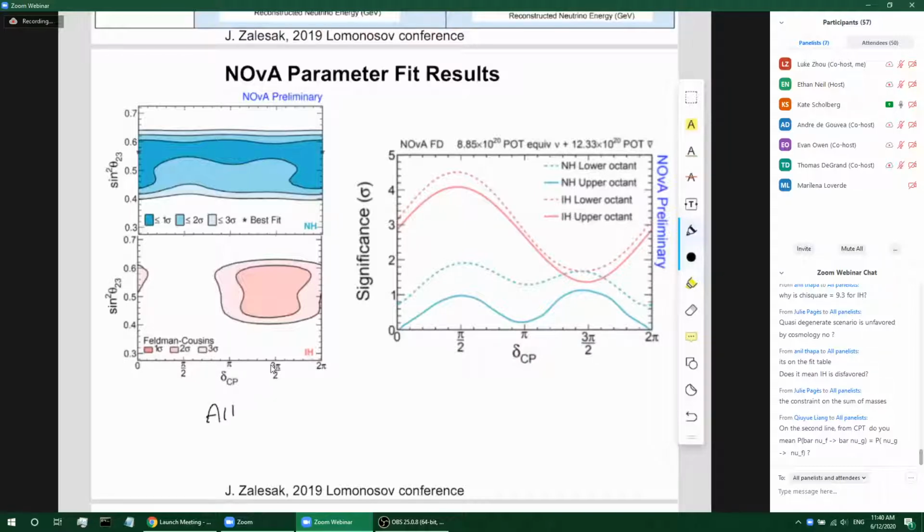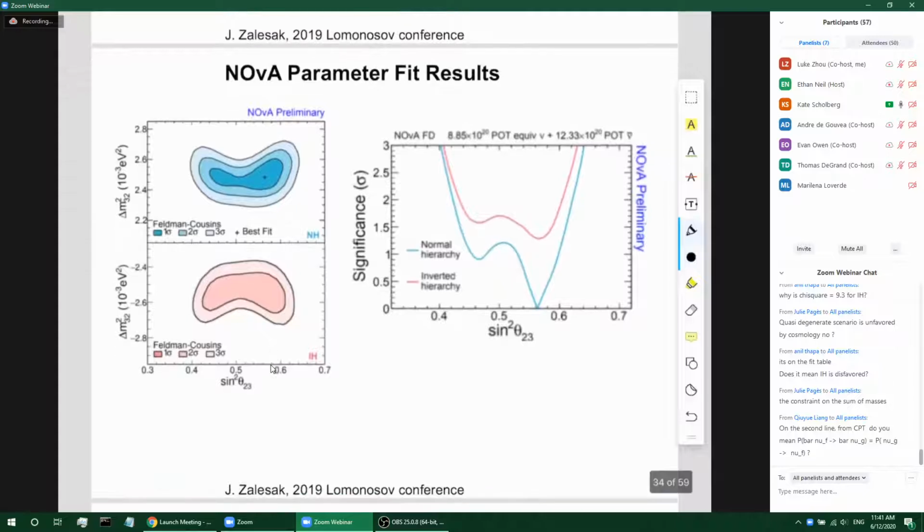And so all values are still allowed at 1.1 sigma for normal ordering, and the inverted ordering is disfavored at 1.9 sigma. Okay. And here's just some more NOvA fit results. This is also addressing the octant. The lower octant is a little bit disfavored, but it's not very strong. So lower octant is slightly disfavored.